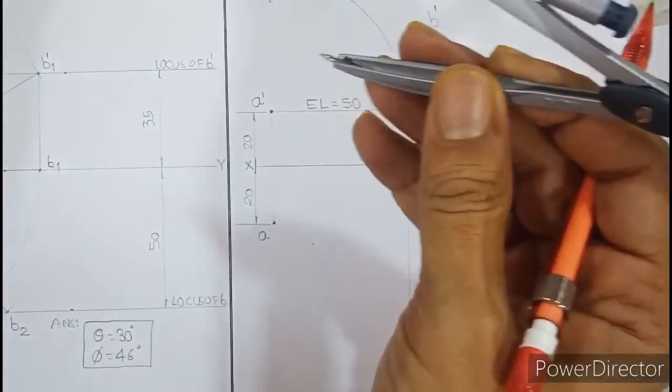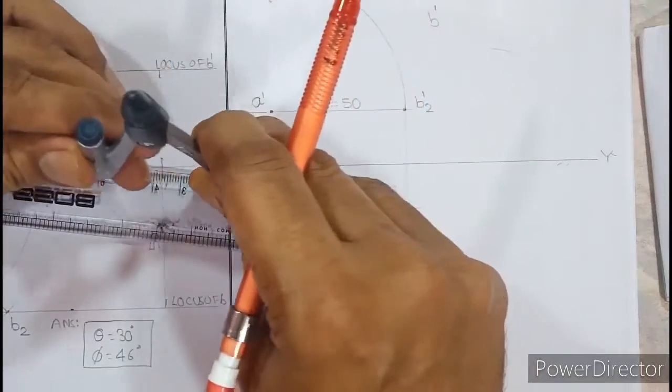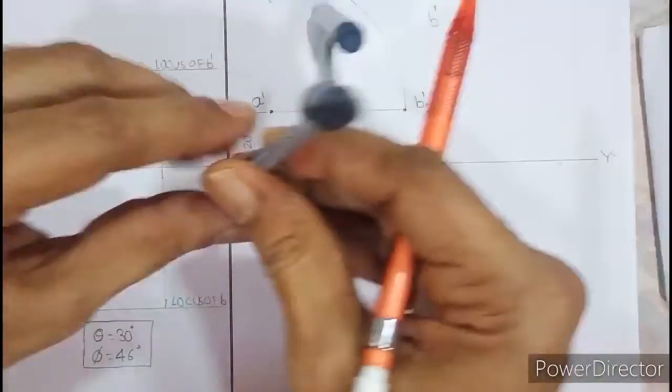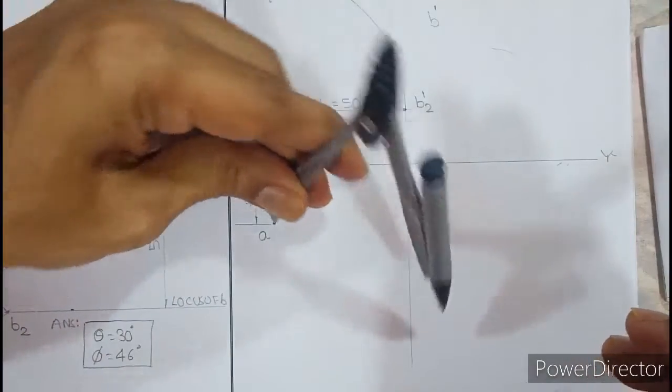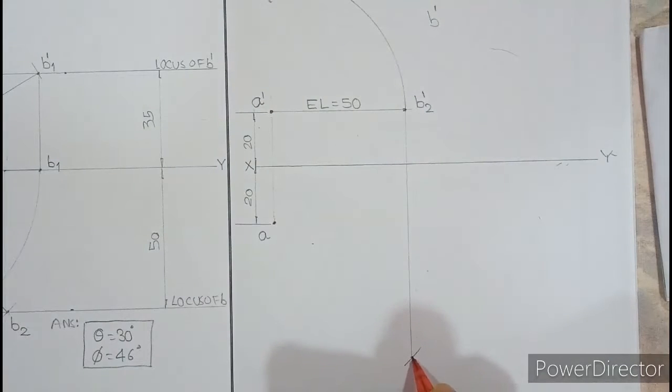So from A, if I cut 70 on this projector, I can easily get point B2. Here, let me take 70 in the compass, and from A, I will cut on this projector. This point I got just now, that is point B2, isn't it? So B2 is ready. Now from B2, can we draw locus of B? Answer is yes.